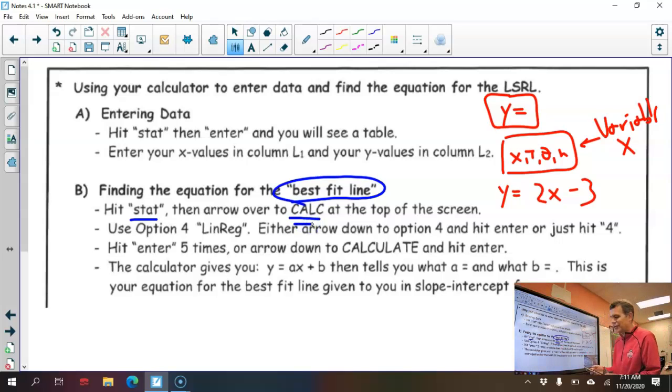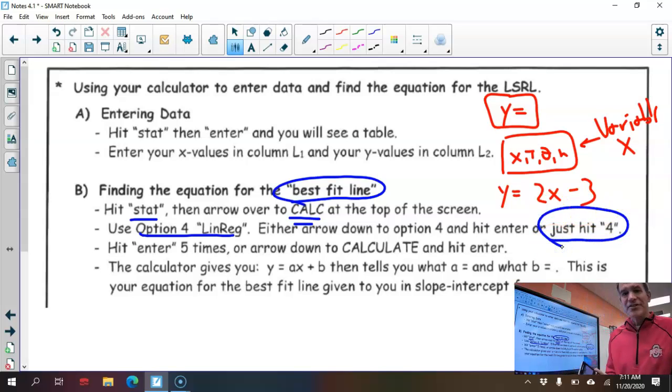I'm going to highlight Calc. And then I'm going to hit 4 for option 4. And a bunch of stuff comes up. At this point, you can just keep hitting Enter 5 times, or you can arrow down to calculate and hit Enter.